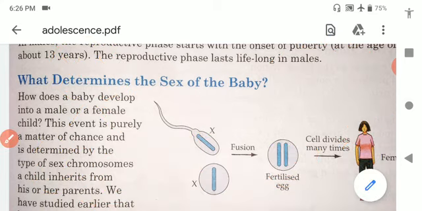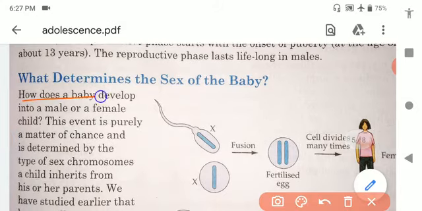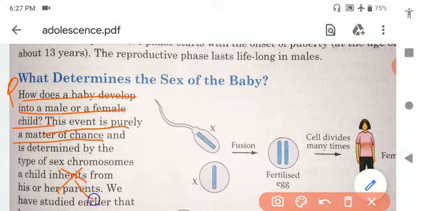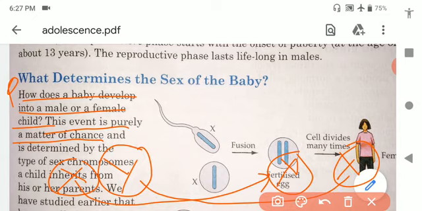So let us study, we will understand all the things once again. How does a baby develop into a male or female child? So here the first question arises. This event is purely a matter of chance. Remember, this X of the male sperm fusing with this X of the female ovum is just a matter of chance, or this Y fusing with this X is also a matter of chance.